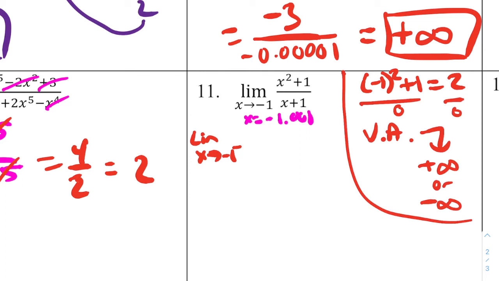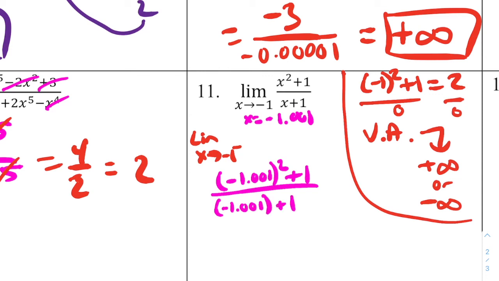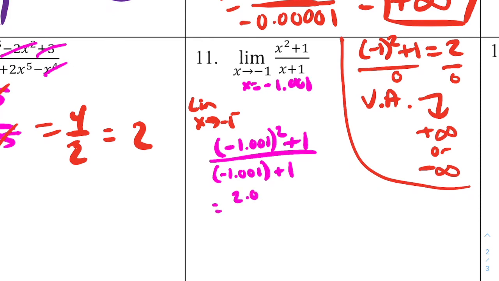That's going to be negative 1.001 squared plus 1, divided by negative 1.001 plus 1, which equals 2.00001 divided by negative 0.001. All we care about here is the sign, because it's either going to be positive infinity or negative infinity. I have a positive number being divided by a negative number, so my answer for the limit from the left side is going to be negative infinity.